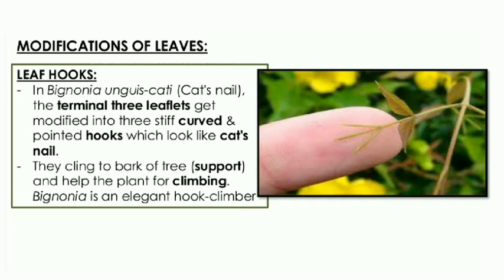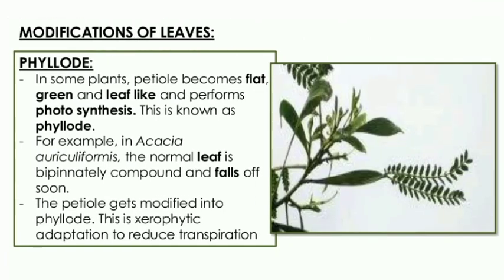The three leaflets become hard, rigid and curved, and these hooks cling to the bark of the tree, hold the bark tightly for support, and help the plant in climbing. For example, this is an elegant hook climber. It is a weak stemmed plant, and with the help of hooks it climbs on other plants.